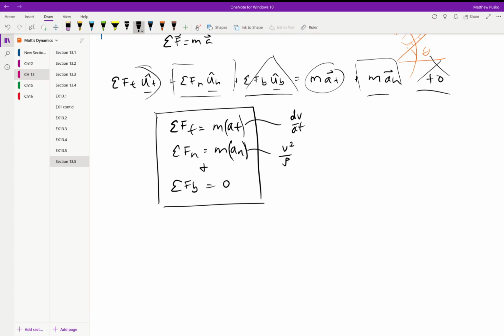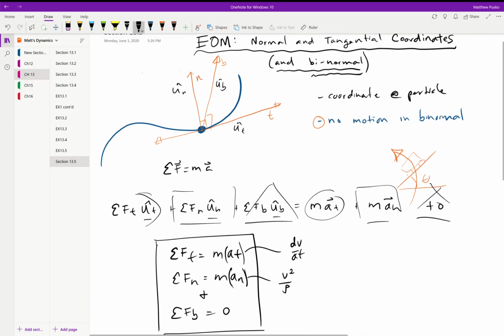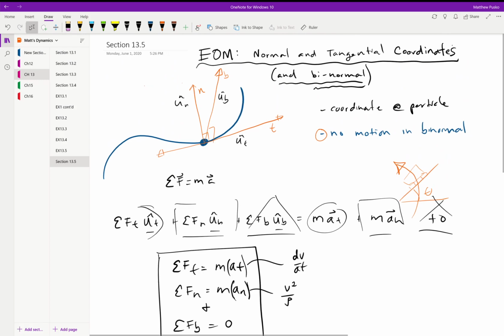So don't forget that, and we also used the fact that the radius of curvature was equal to 1 plus the first derivative squared, all of this to the 3/2, divided by the second derivative. So everything we learned in chapter 12 in tangential coordinates works in here too.